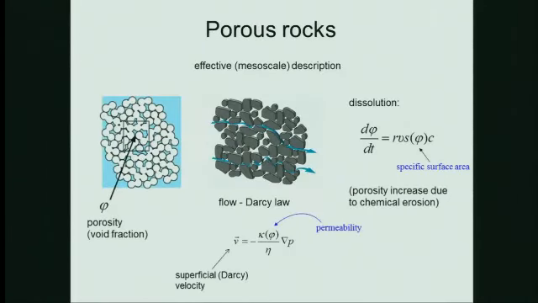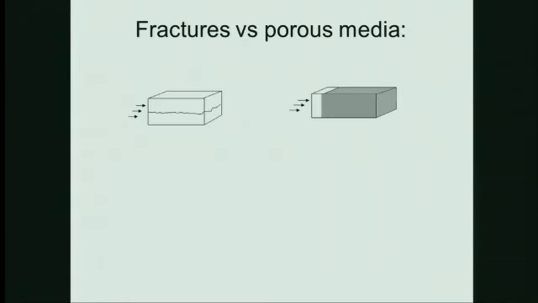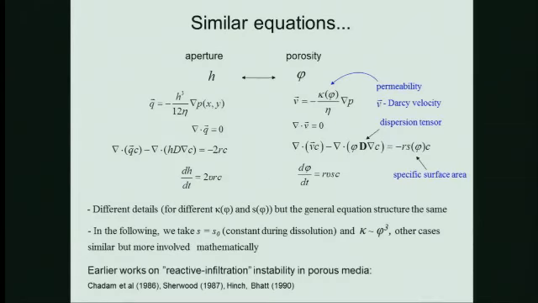Let me just say that when you describe the dissolution of porous rocks and fractures, then the equations have a very similar structure, with the role of aperture played by porosity. Porosity is just the amount of empty space, say fluid space, in an elementary volume of the porous material, and all the equations can be mapped one onto the other.